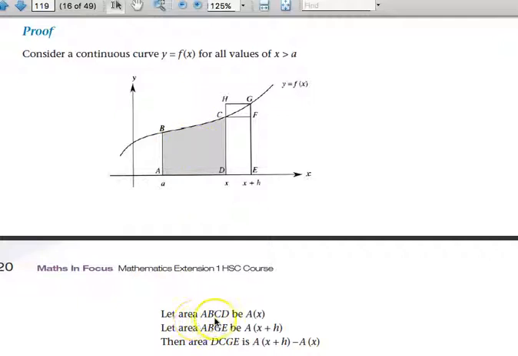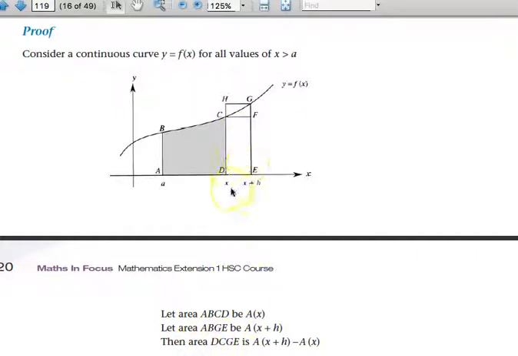So let area ABCD be A(x). And then let area ABGE, so this area here, that whole area, be A(x plus h), because this is x plus h. So this extra bit here is h. Not saying we know the area yet, we're just doing that.